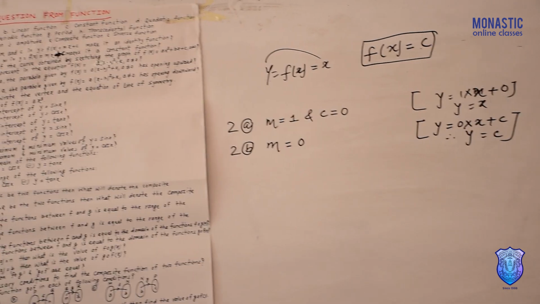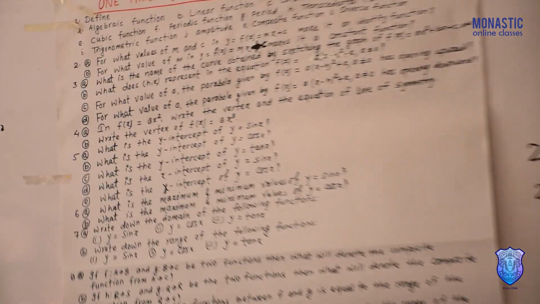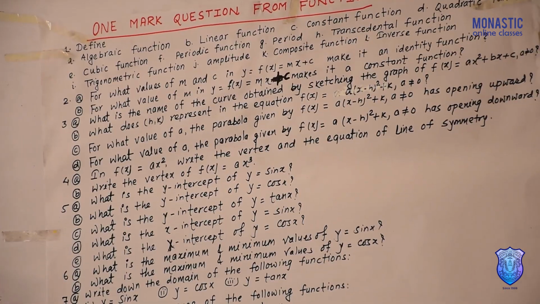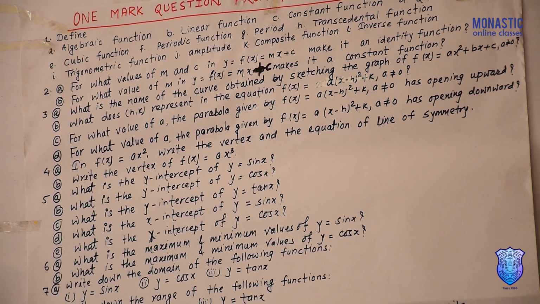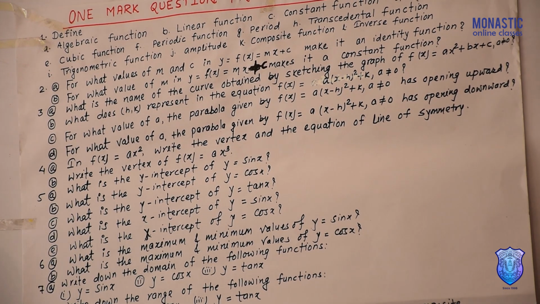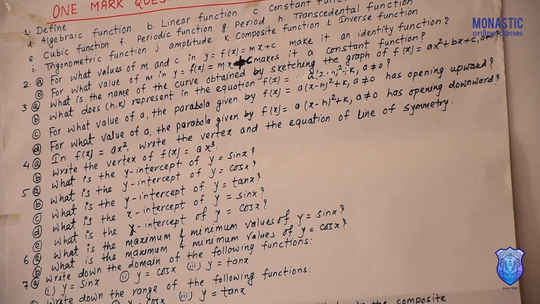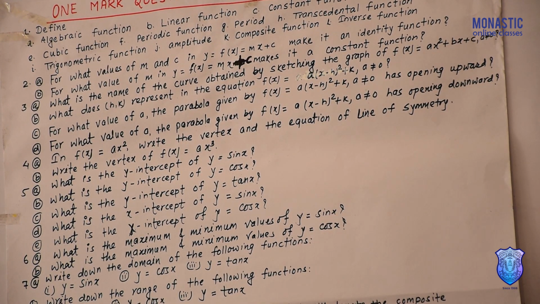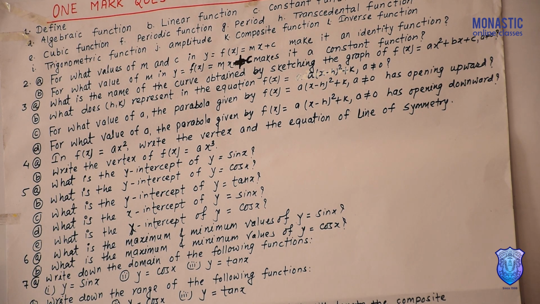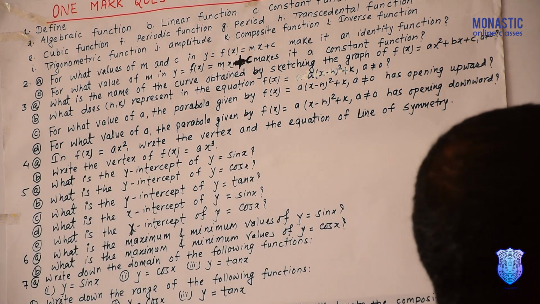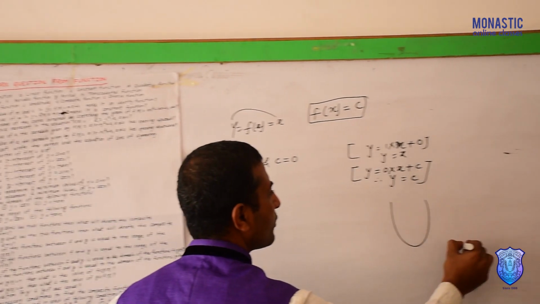Question number 3. These are things you have already learned earlier. You have to learn them again in linear programming, but you have to remember the basic things. The graph of a quadratic equation will be in this shape.